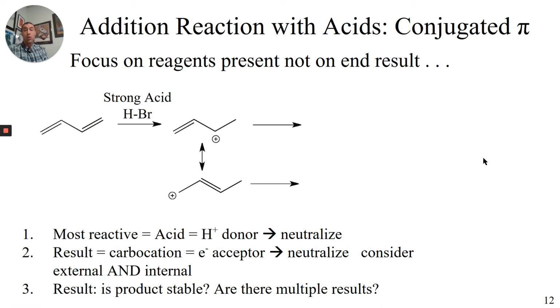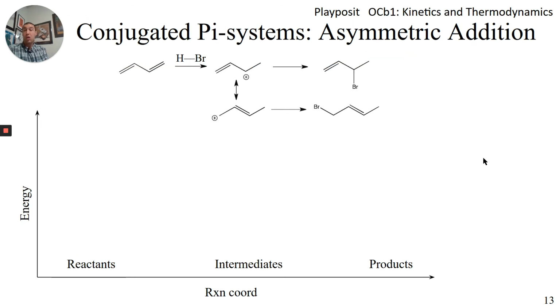One of the ways that we could do that would be to draw energy diagrams. So I am going to draw the energy diagram here, but I'm also going to direct you to the upper right-hand corner, where there's a Playposit called kinetics and thermodynamics, and I'm going to ask that you watch that now. One of the sections of that video addresses this very reaction.